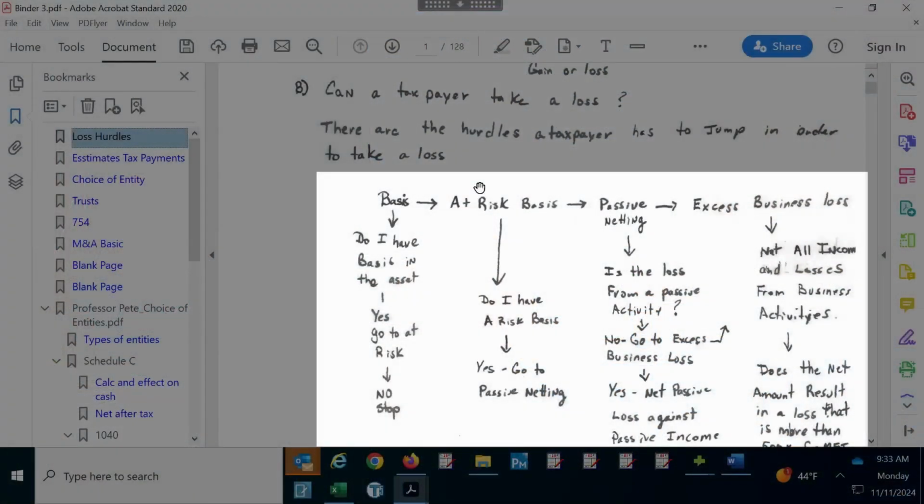You start with your tax basis, and then after that we go to our at-risk basis, which for a partnership is your tax basis plus your qualified non-recourse plus your recourse. And then you have to decide if it's passive or not. So what you're saying, let me make sure I understand what you're saying. Okay? So you have basis.